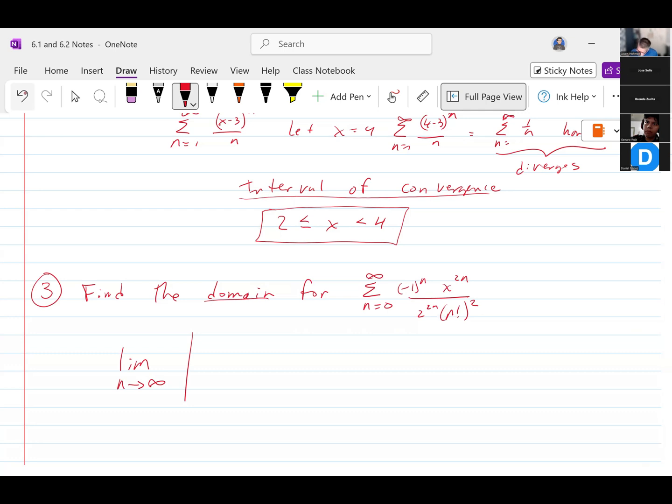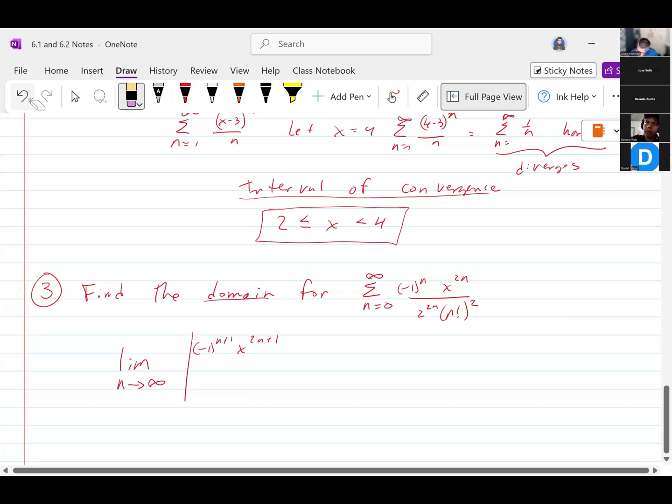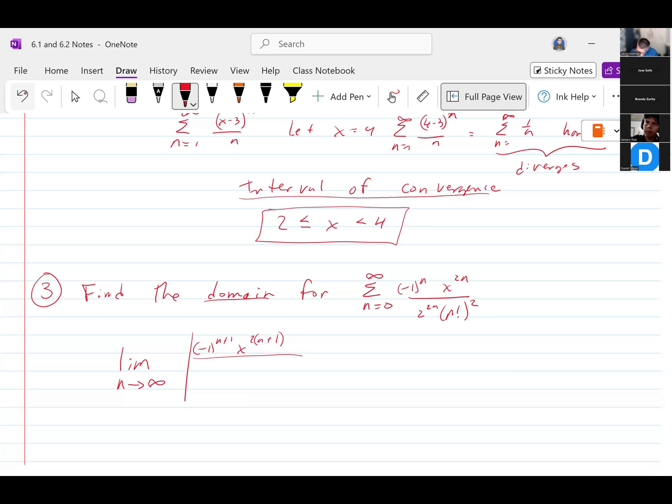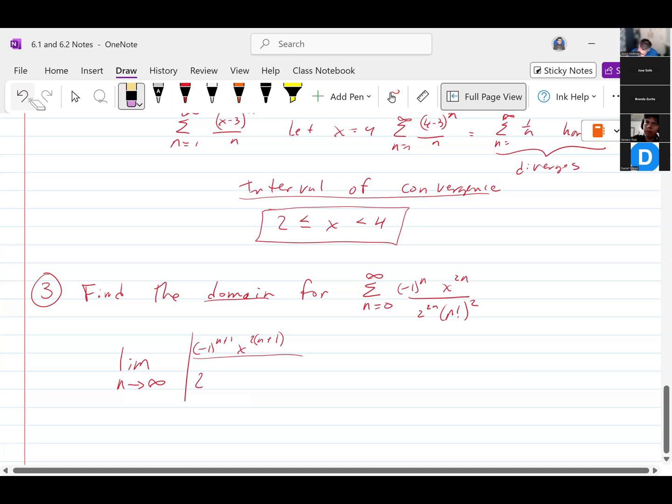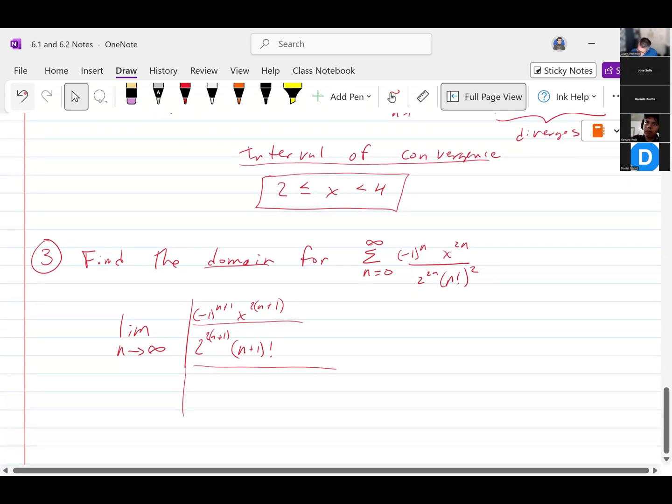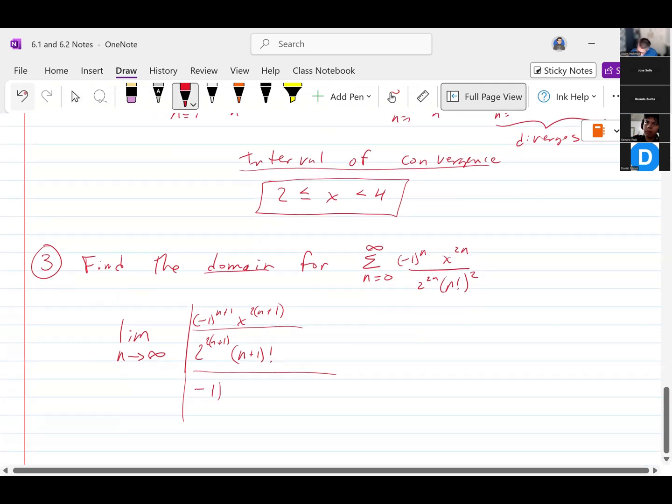We're going to get (-1)^(n+1) x^(2n+1) all over 2^(2n+1) (n+1) factorial, all over (-1)^n x^(2n) all over 2^(2n) n factorial. When is that less than 1?